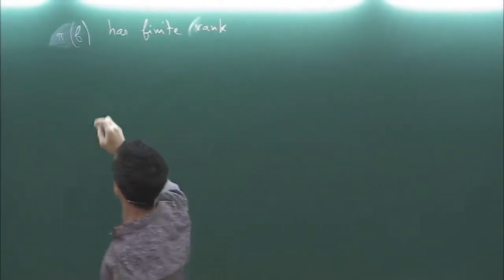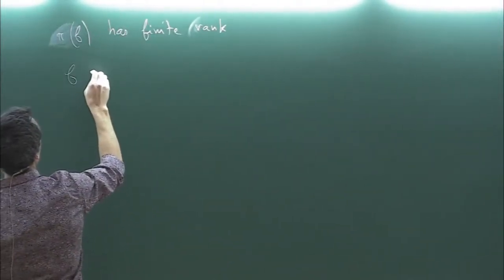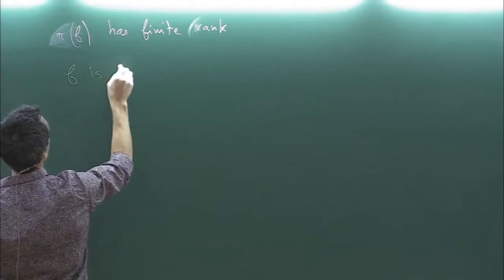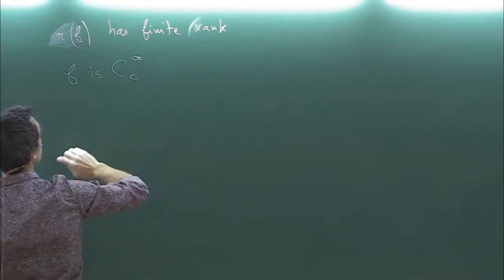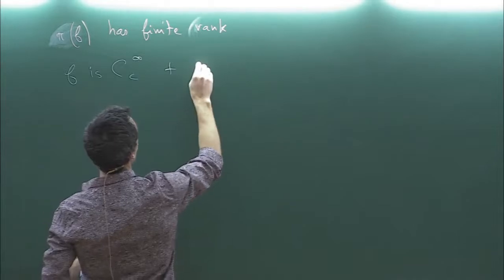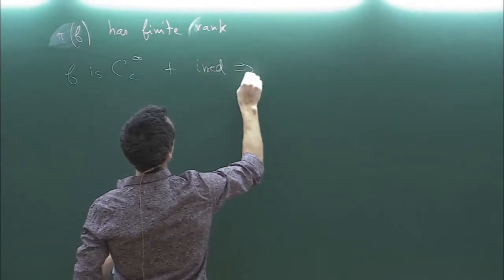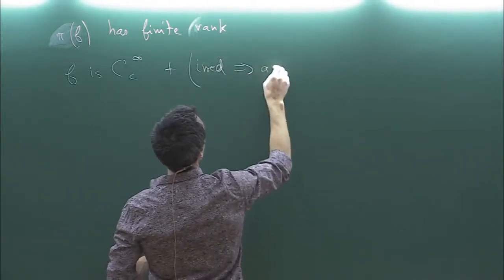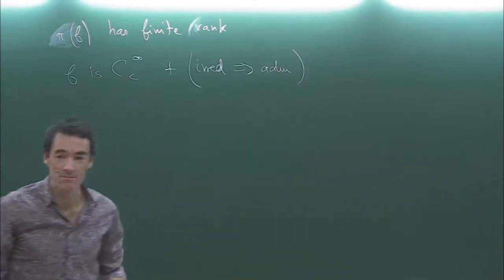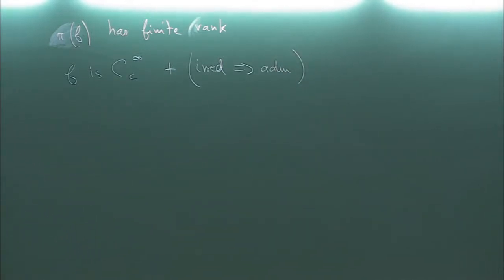It follows from the fact that f is locally constant, compactly supported, plus the fact that an irreducible representation is admissible, so the space of its vectors fixed by a given compact open subgroup is finite dimensional.